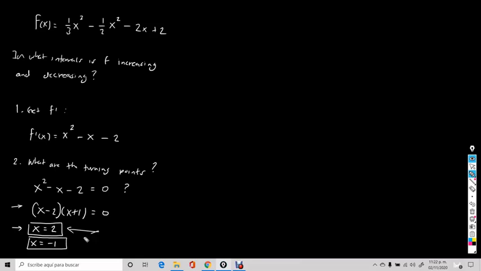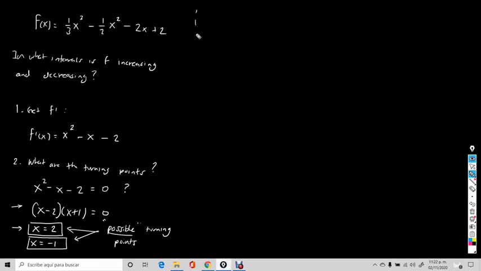You're gonna start hearing that I call these the possible turning points. I'm adding this adjective, possible. In the last example that I'm gonna give you today, you're gonna know why these are not necessarily turning points. They can be possible points, but not necessarily. Okay, so x equals 2 and x equals minus 1 are possible turning points.